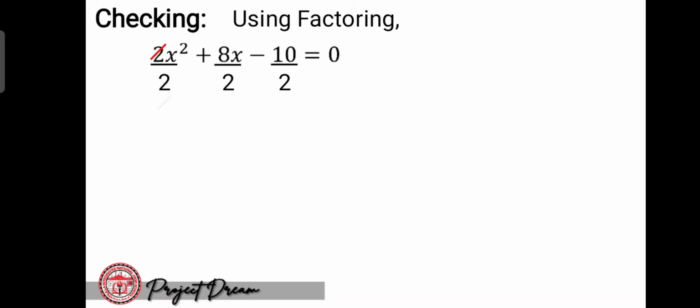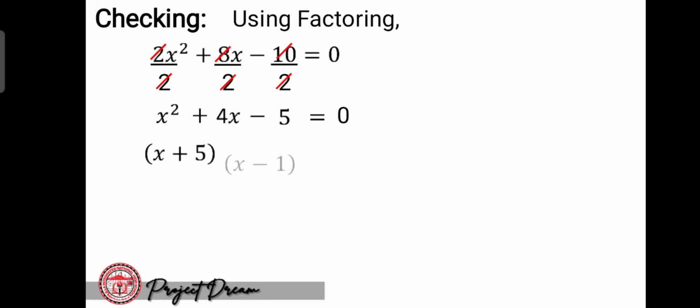So, let us cancel. It becomes x squared plus 8 divided by 2 is 4x minus 10 divided by 2 is 5 is equal to 0. Now, let us factor. We have x plus 5 times x minus 1 is equal to 0.